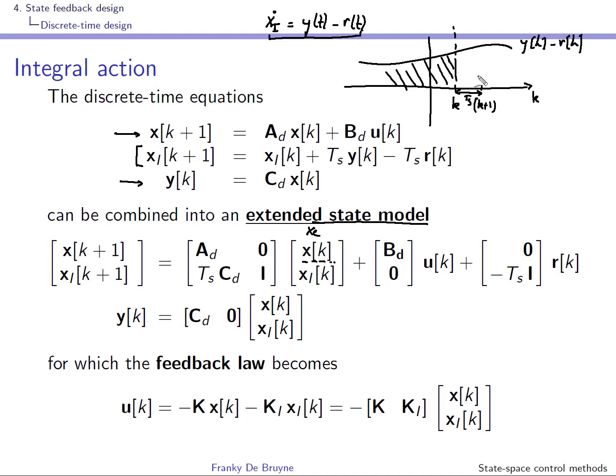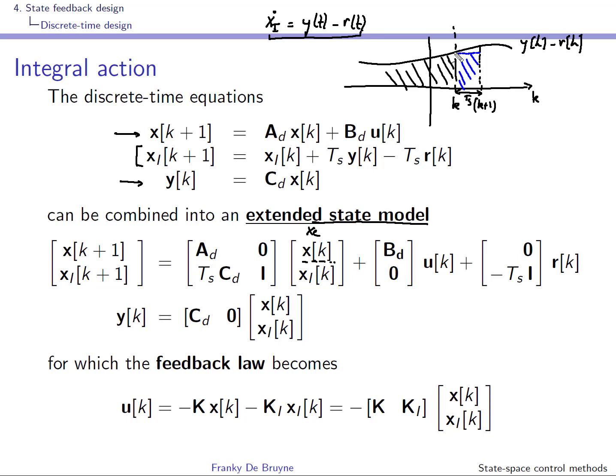So what we need to add is the area under the curve in between kTs and k plus 1 Ts, and what we'll do is approximate it by this area over here. So this leads us to the equation. Output of the integral in k plus 1 is the output of the integrator at k, and this is what I've shown here.